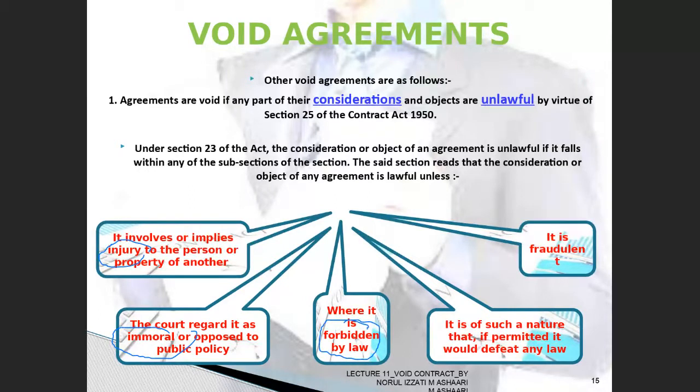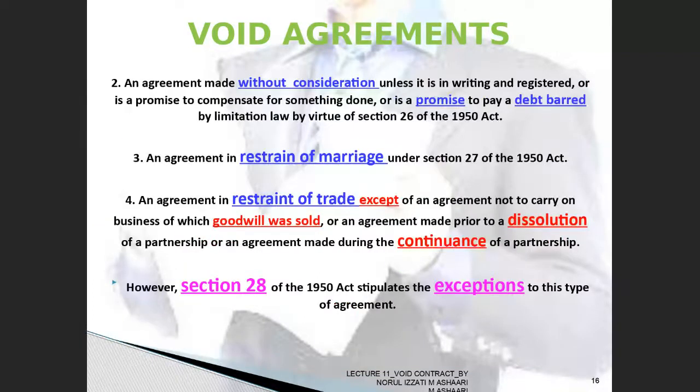It is of such a nature that, if permitted, it would defeat any law. In some special conditions, the consideration may be made fraudulently, with intention to deceive someone. That is the explanation for the void contract under the issue of consideration.